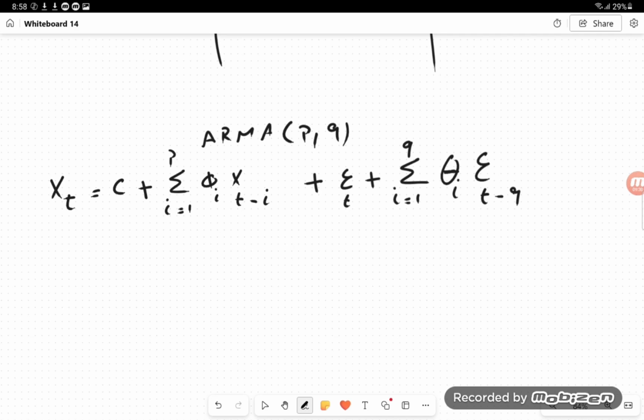What about the detection, whether this is an AR model, MA model, or ARMA model?